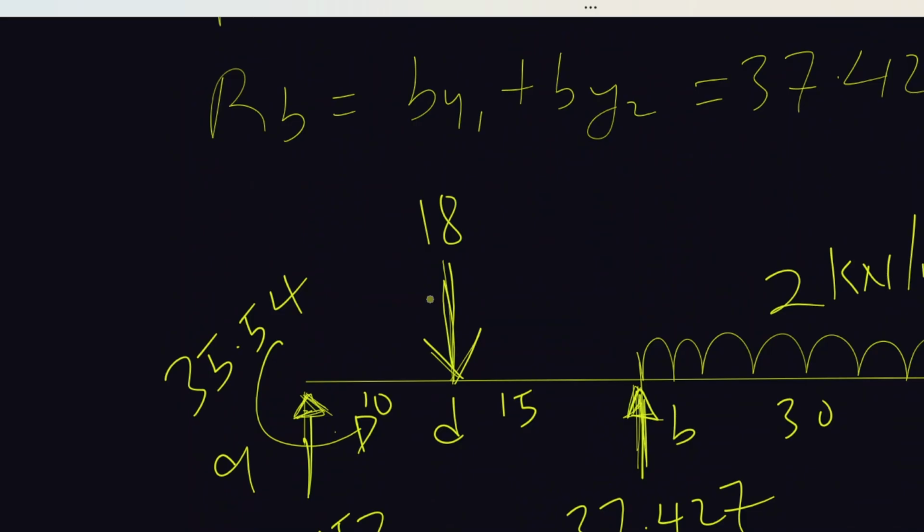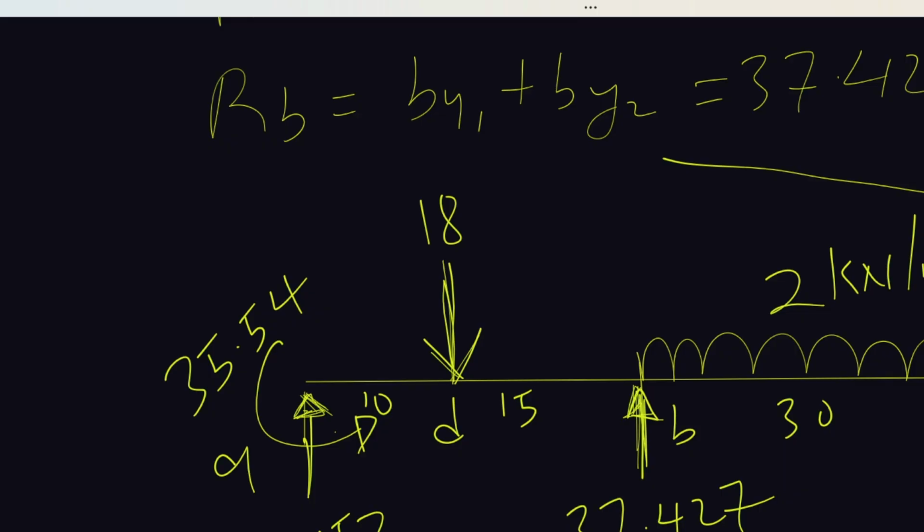So if this is B, remember that for a UDL normally the shear force action is varying, so uniformly distributed loading is not just a single point load. Because it is spanning across, the effect on shear force and bending moment will also be across the beam.